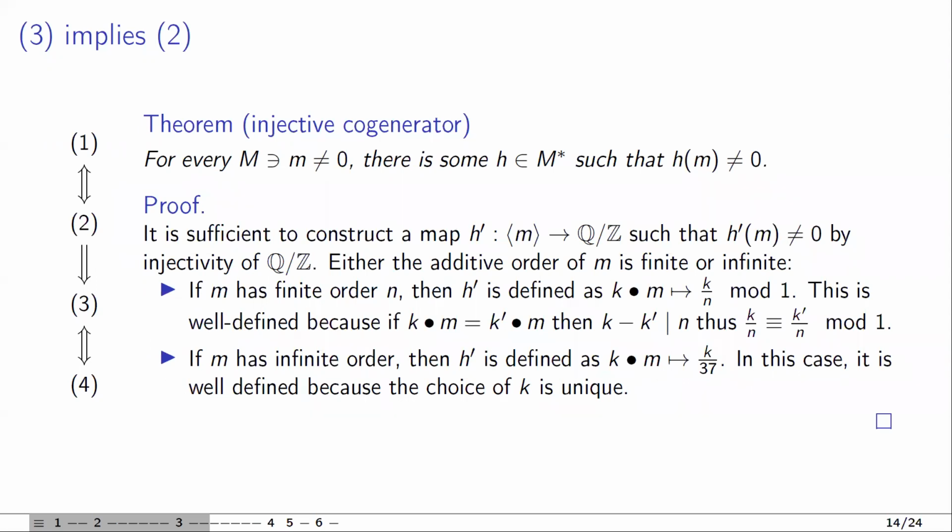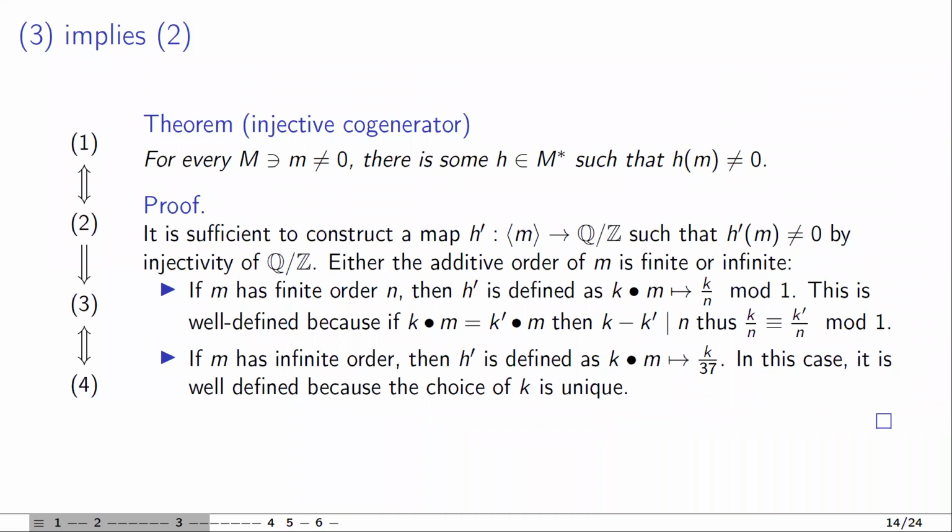To construct such an H, it is sufficient to construct a map H prime from just the submodule generated by m to Q quotient by Z, with the property that H prime applied to m is not zero. The construction of H prime depends on whether the additive order of m is finite or infinite. In other words, it depends on whether there exists some k such that k times m is zero.